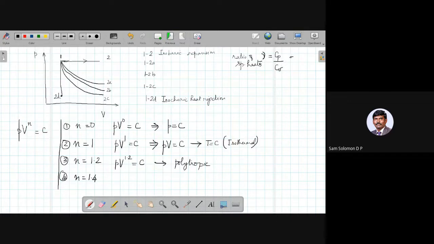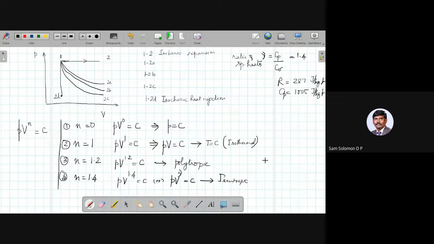The value of gamma for air is 1.4, just like the value of R for air is 287 joule per kilogram Kelvin, and Cp is 1005 joule per kilogram Kelvin. So when n equal to 1.4, we can also call it PV^gamma equal to constant, which means this is an isentropic process.